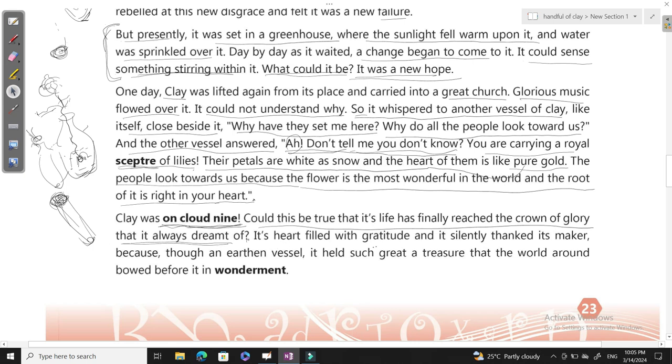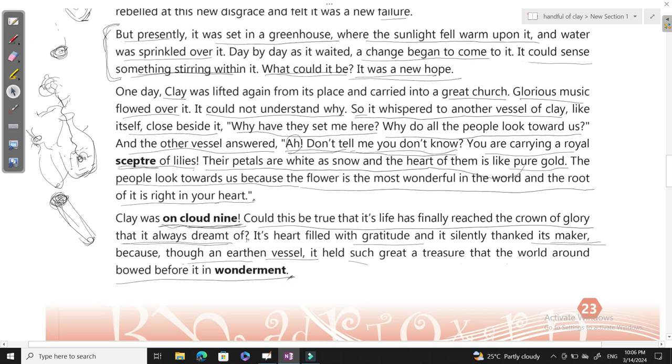It's a heart filled with gratitude and it silently thanked the maker, और उसके मेकर को उसने थैंक किया, because though an earthen vessel it held such a great treasure that the world around bowed before it in wonderment, because finally the whole world is bowing in front of it only because of the difficulties that it went through in its life.